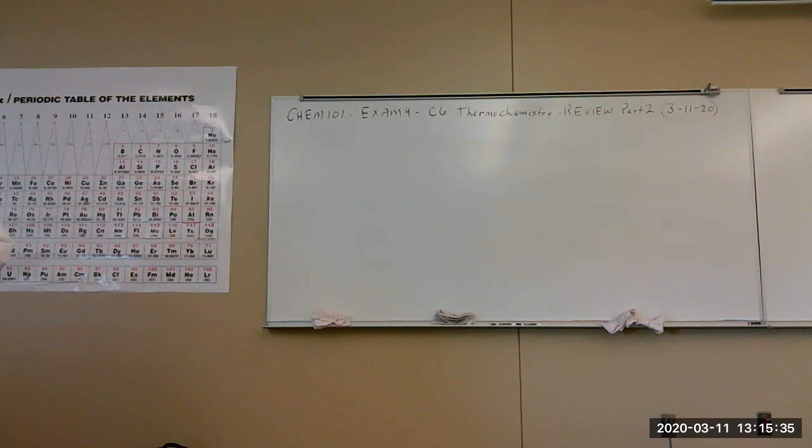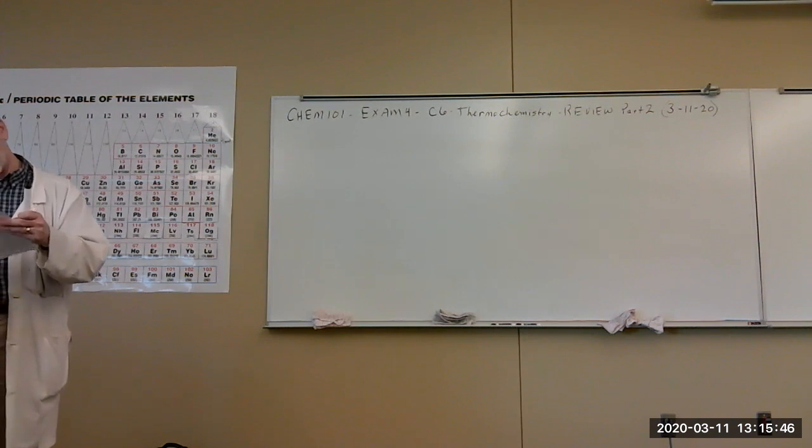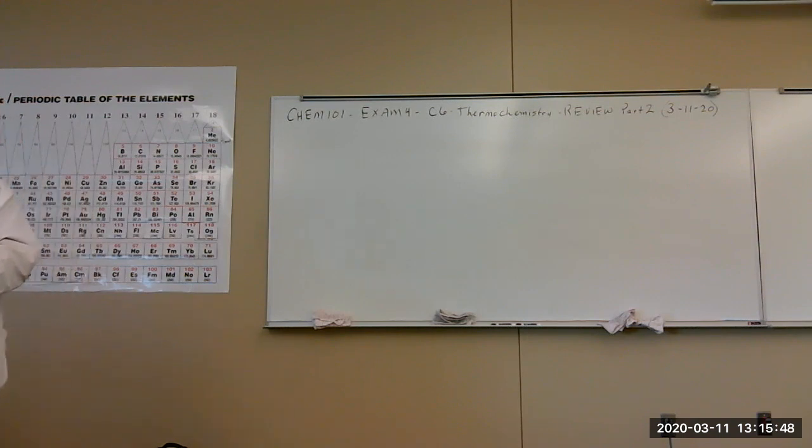Here we go. Okay, we look at 52. Let's see if that's what I think it is. Yeah, 52. So this one, for this one, we're going to calculate the calorimeter constant.